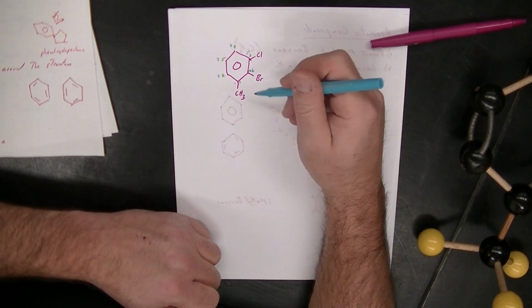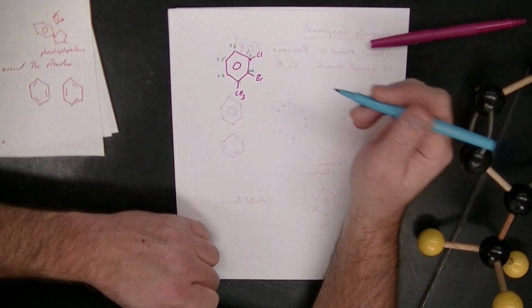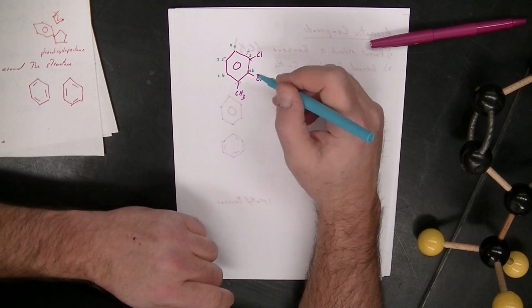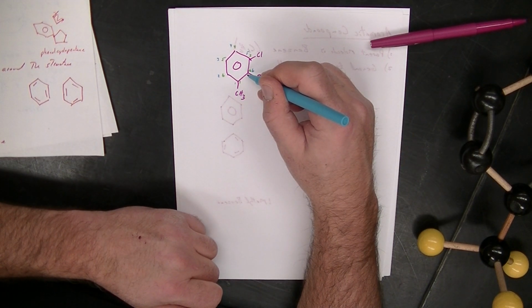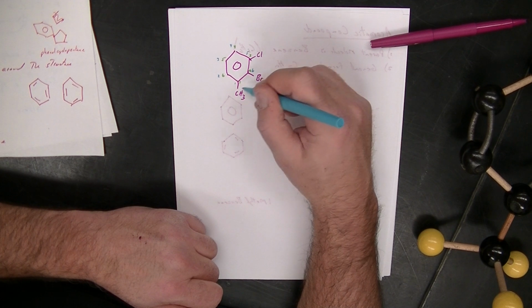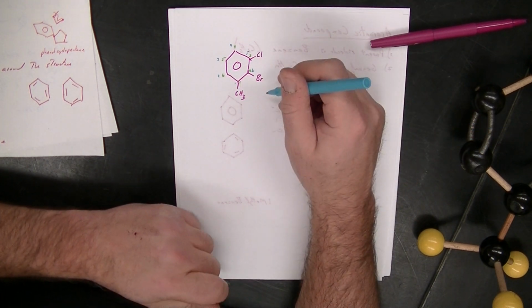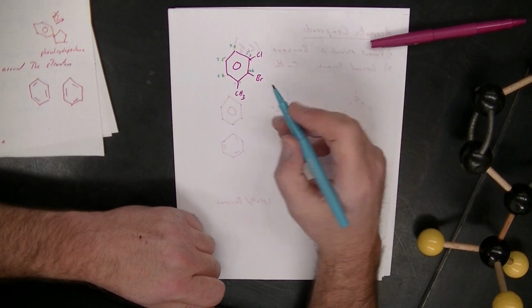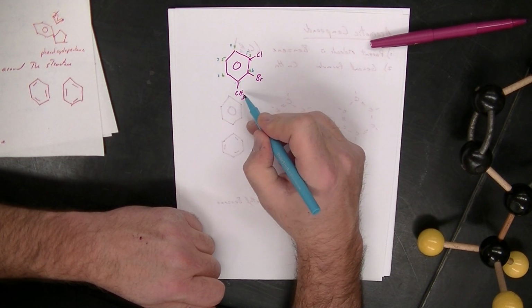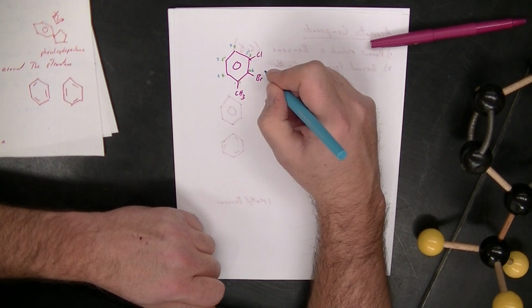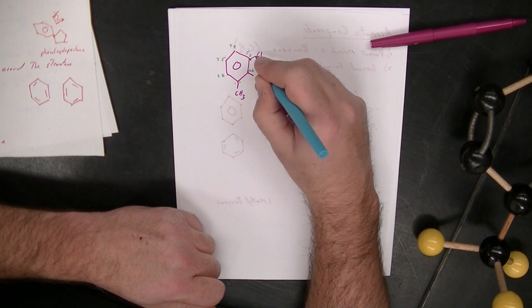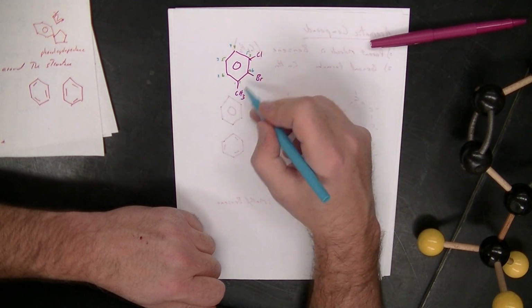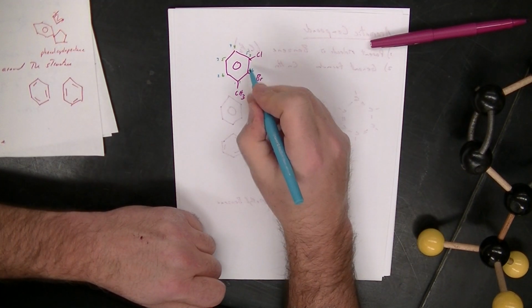In reality, I probably wouldn't number it any of those ways. When we're putting these in order, I would definitely go counterclockwise. In reality, it doesn't matter which one you start with, and for our purposes it's not going to matter which way you start.